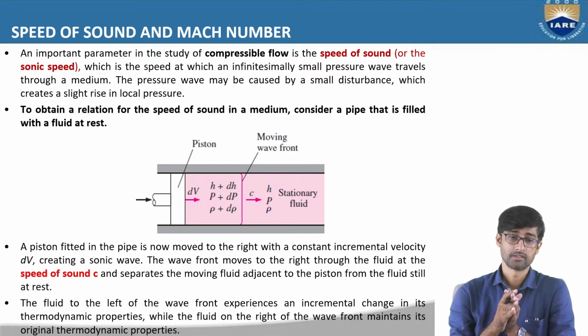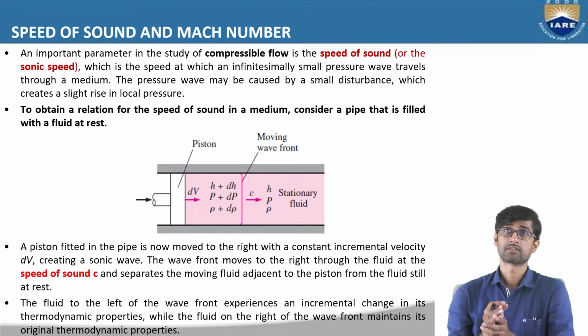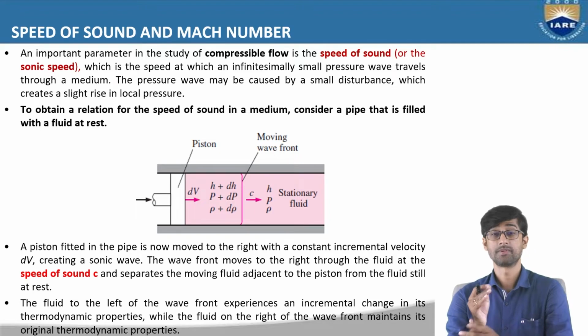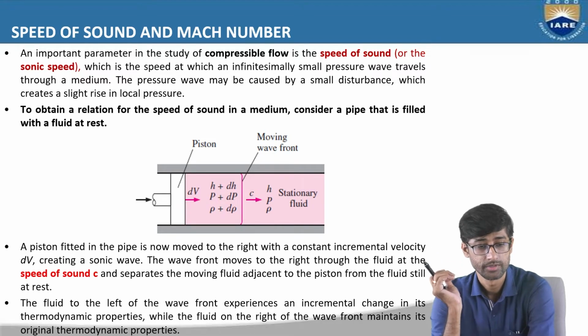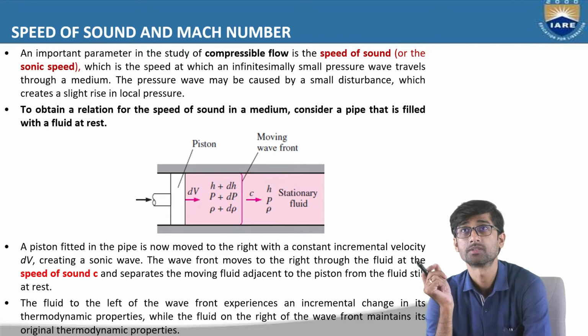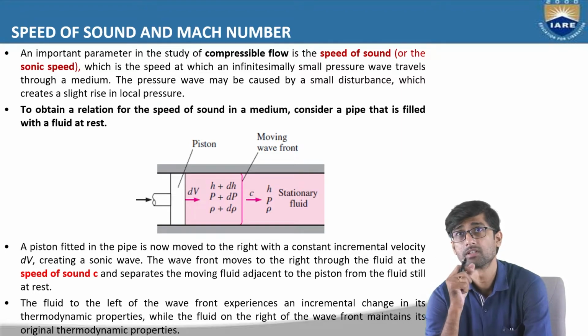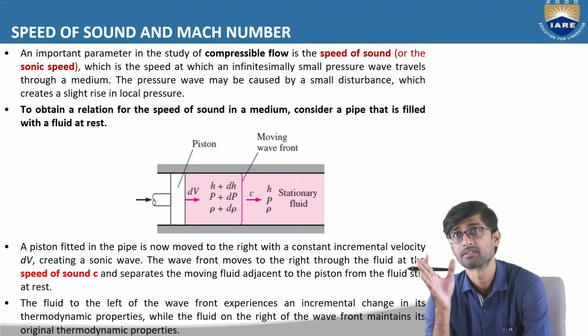So an important parameter in the study of compressible flow is called the speed of sound. What is the speed of sound? It is also called sonic speed, which is the speed at which an infinitely small pressure wave travels through a medium. The pressure wave may be caused by a small disturbance, which creates a slight rise in the local pressure.